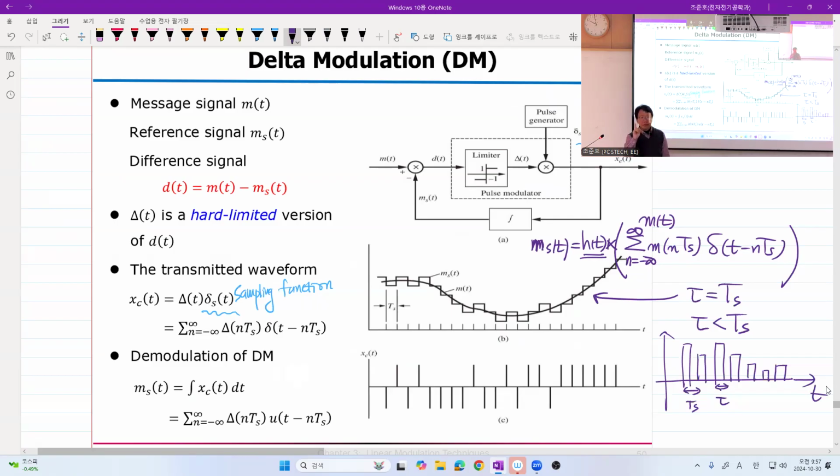However, actually, there are many good waveforms that allow overlapping of these pulses in the time domain, but in the receiver, you can still retain the orthogonality among these pulses.